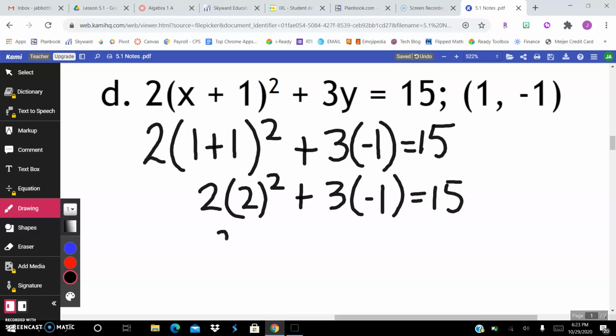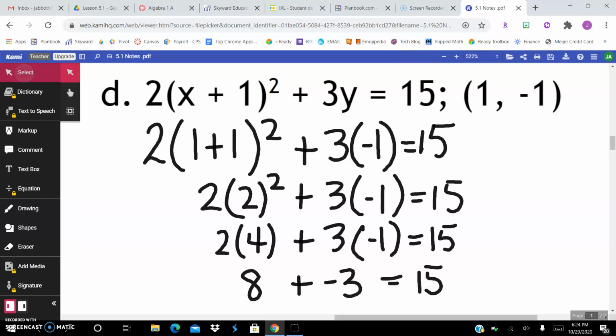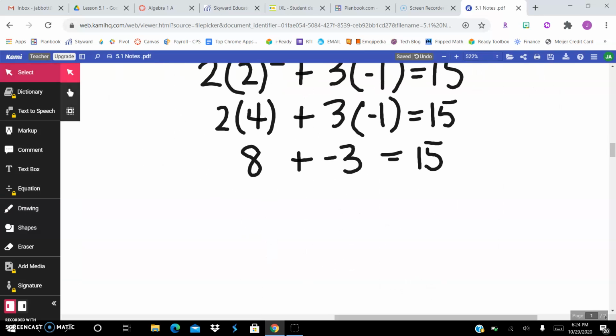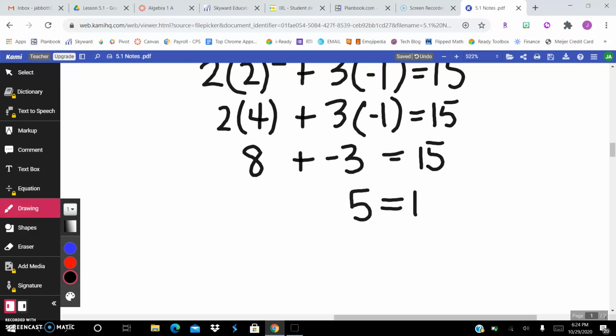And 2 squared is 4. And then multiplication, 2 times 4 is 8, and 3 times negative 1 is a negative 3. And 8 plus negative 3 would leave us with 5. And 5 is not equal to 15, so no, this is not a solution either.